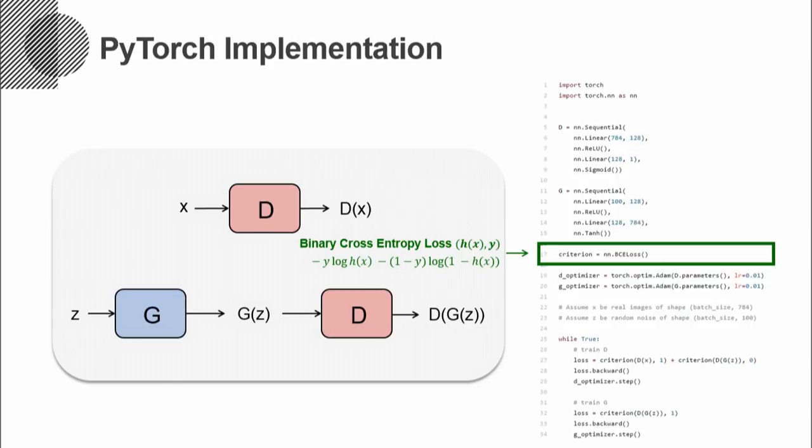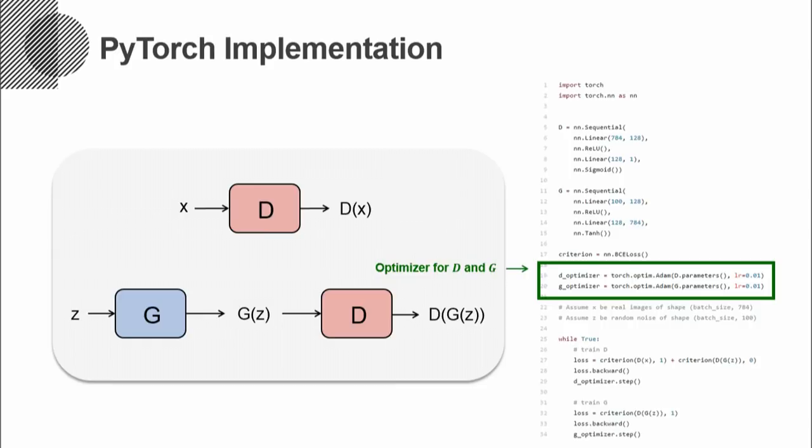And then let's consider this binary cross entropy loss, which is common in binary classification networks. And here's the optimizer that we chose for our discriminator and generator, in particular something called Adam, which is a variant of the gradient descent algorithm, and then we have some learning rate.